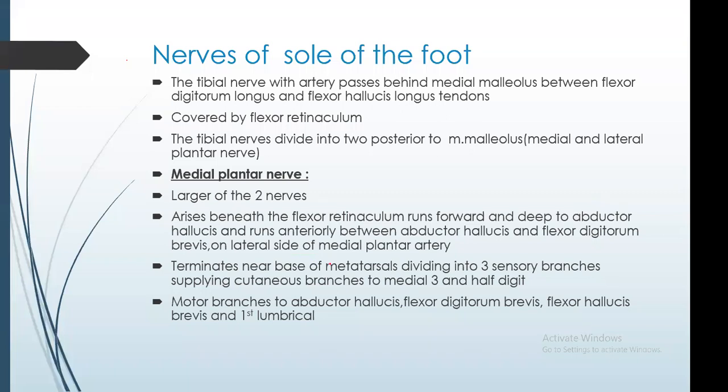So it lies to the lateral side of the medial plantar artery and between the abductor hallucis and flexor digitorum brevis muscles. This terminates near the base of the metatarsal, dividing into 3 sensory branches supplying the cutaneous branches to the medial 3.5 digits.